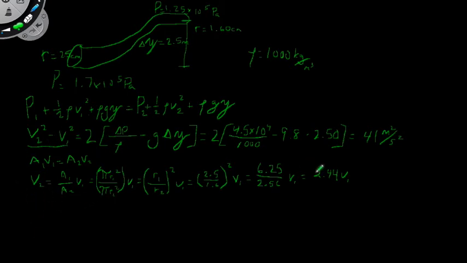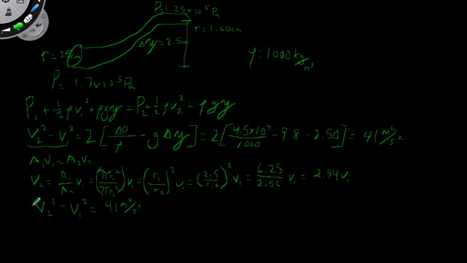Okay. So now going back to this, I'm going to punch it back into my regular equation that I had earlier. So I'm going to go back to this equation up here, right in this area, and I'm going to do the v2 squared minus v1 squared is equal to, and I know it was equal to 41 meters squared over seconds squared.